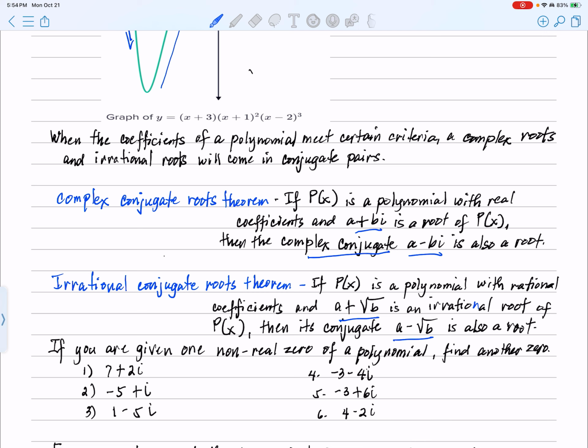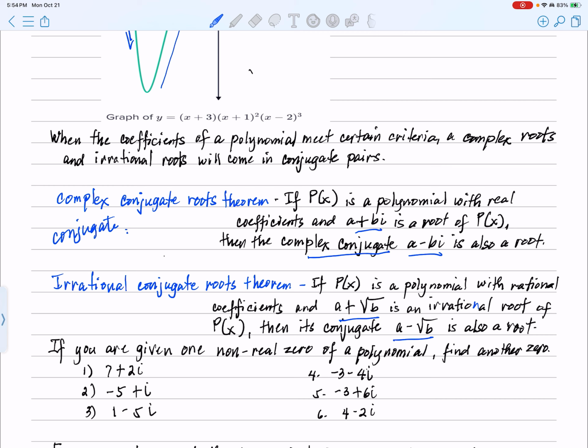The term conjugate here, if you remember in your Algebra 2, what does it mean when we say conjugate? It means a pair of expressions that are identical except for the sign between the terms. That means you have to get the opposite sign.